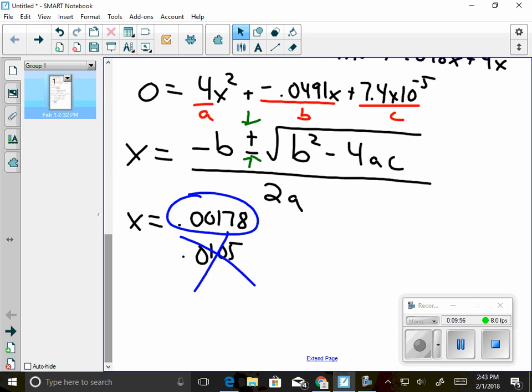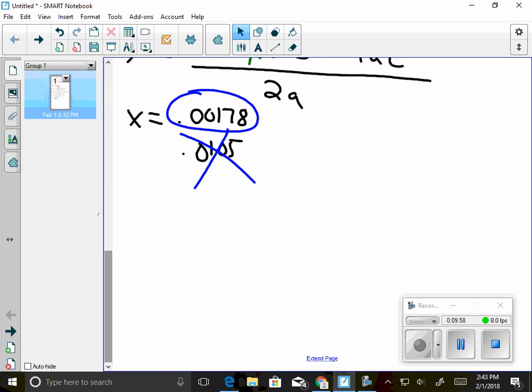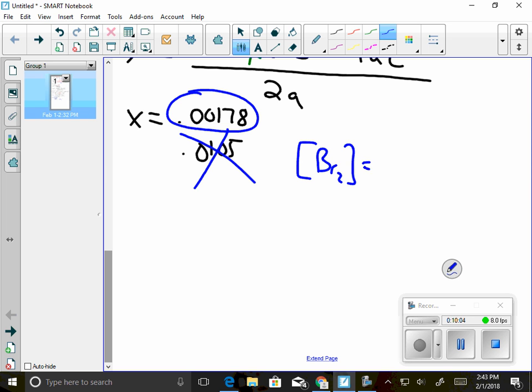And if I do so, I would end up with a concentration of the Br2 diatomic bromine 0.065 and a concentration of the Br to be 0.0084.